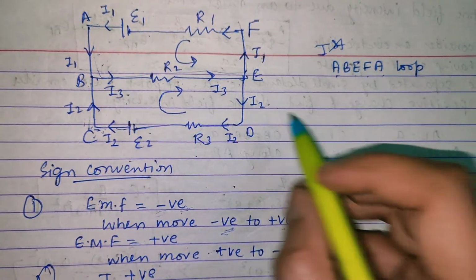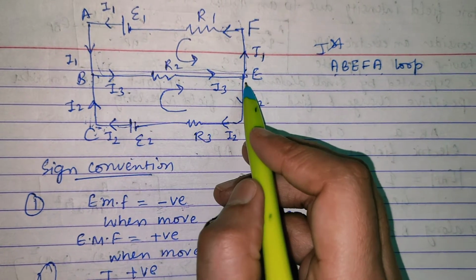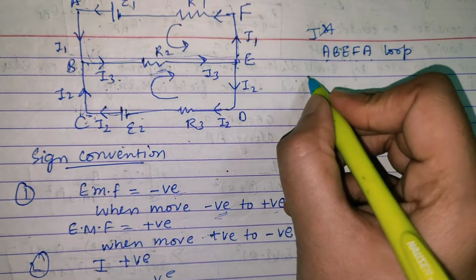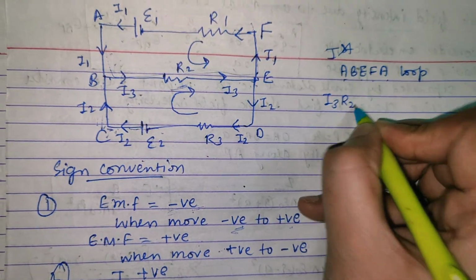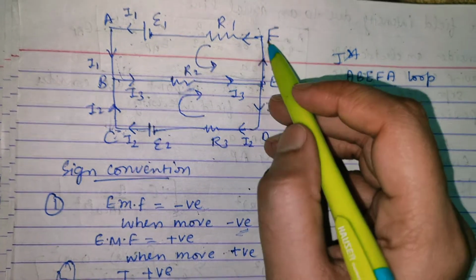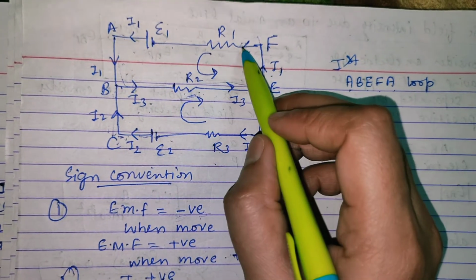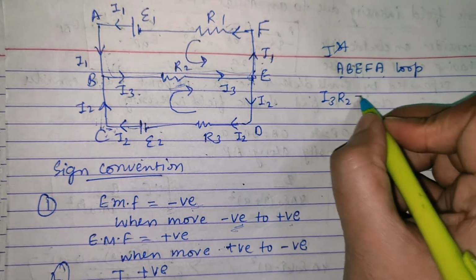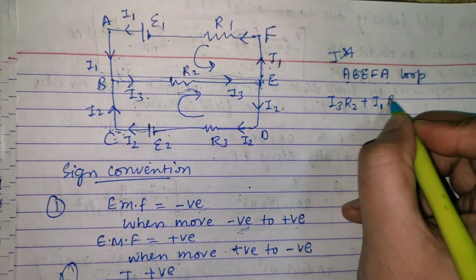Now in the BE arm the resistance is R2 and the current is I3, so we write I3 R2. Then from E to F there is no resistance, but from F to A there is resistance R1 and the same current I1 flows, so we write I1 R1.